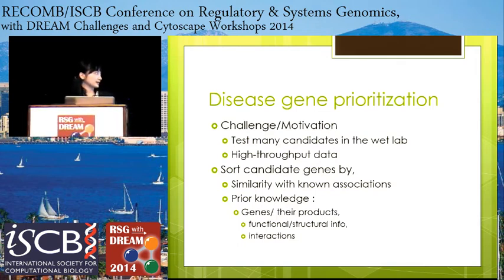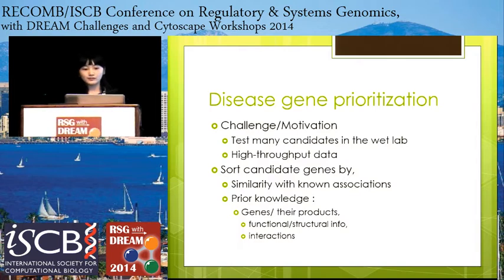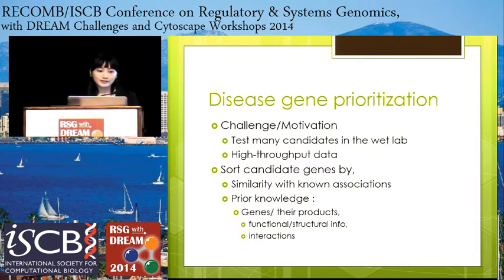We want to sort those candidate genes by their similarity with known associations, like known disease genes or phenotypes. The knowledge we have is annotation on the genes or their products, or the interactions between the genes. The final goal is to narrow down the candidate genes to a handful of genes. That's the ultimate goal for us.